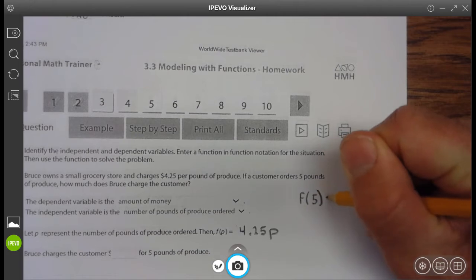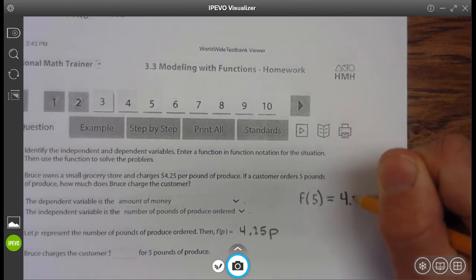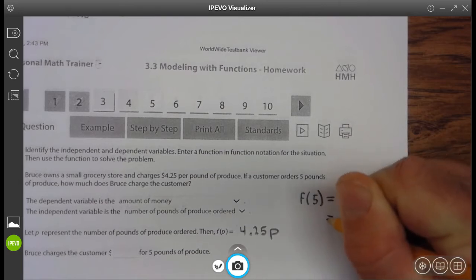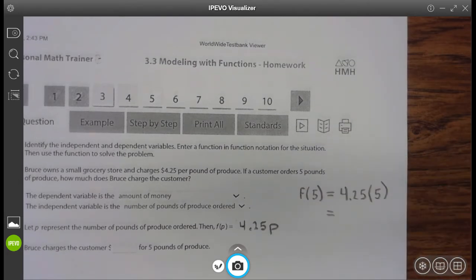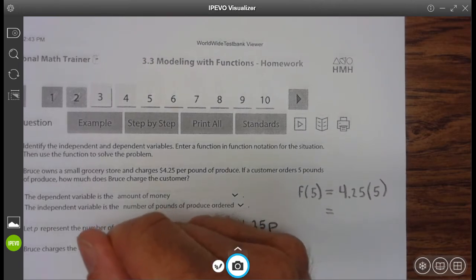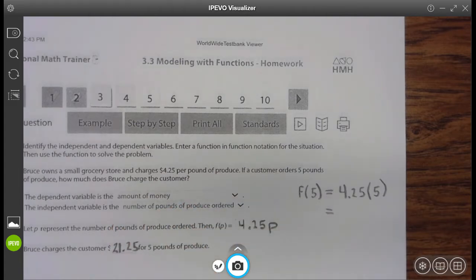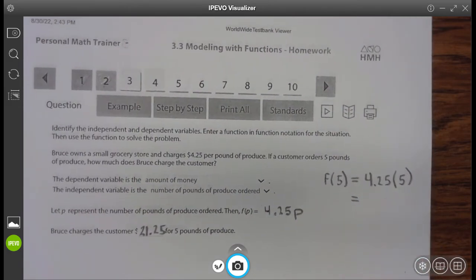So f of 5 equals 4.25 times 5, which equals 21.25 for 5 pounds of produce. All right, go ahead and finish up example 3.